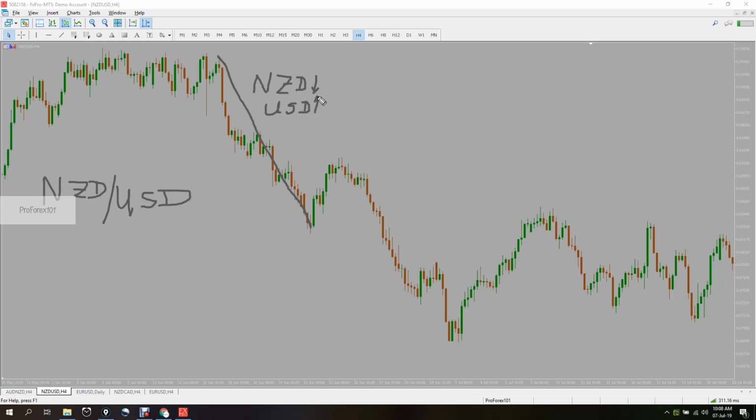I use "and/or" because, guys, it can be either the New Zealand dollar is weakening and the US is sidelined, or the US is strengthening and the New Zealand dollar is sidelined, or they're both acting together. That is, New Zealand is weak and the US dollar is strong, and then you get a very strong move like this. When they're both acting together, you get very strong moves. When only one of them is acting on the currency pair, you get a weaker move like this.